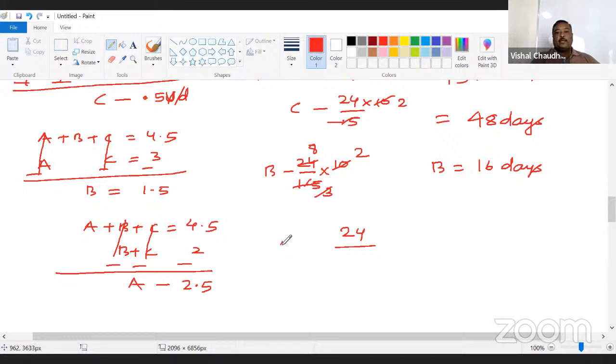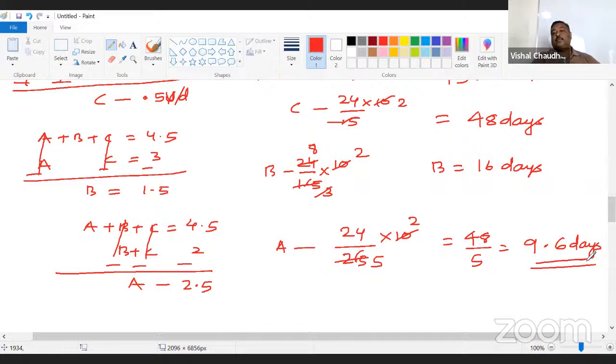So 24 by 2.5, let's clear the decimal. 24 times 2 is 48 by 5, and that is 9.6 days. So we got A completes working alone in 9.6 days, B completes working alone in 16 days, C completes working alone in 48 days. I hope I am clear in it.